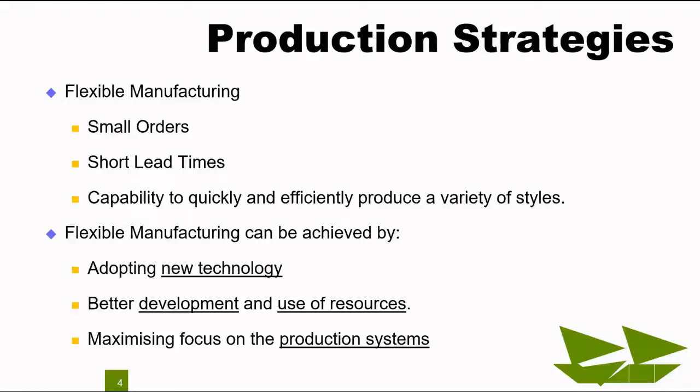You might carry the entire production system in a van, because you might be going to the site where the movie is being shot, and they want things to be done immediately as required. So in that case, you will carry your machine and printing stuff and everything with you. So that will be a different production system. So you have to maximize focus on the production systems if you want to achieve flexible manufacturing, which is doing small orders and yet making money.